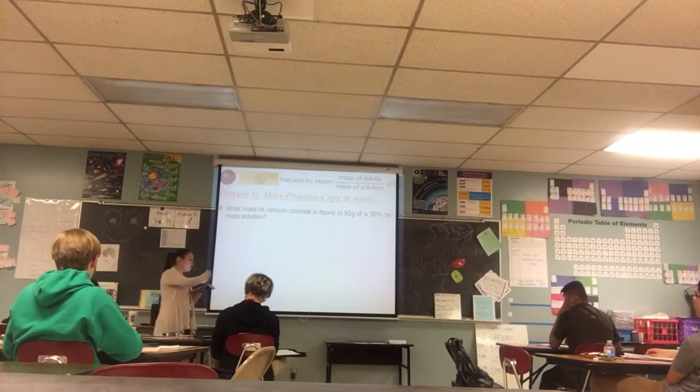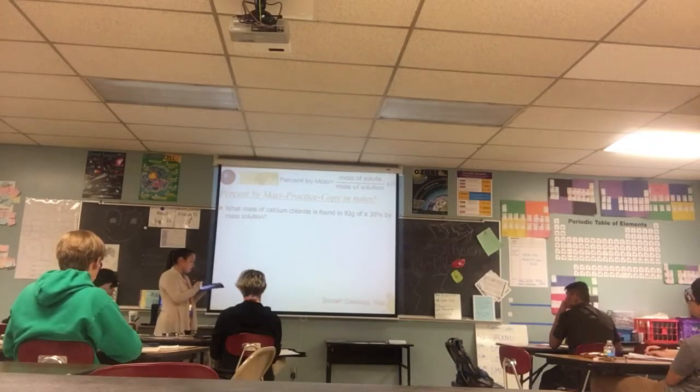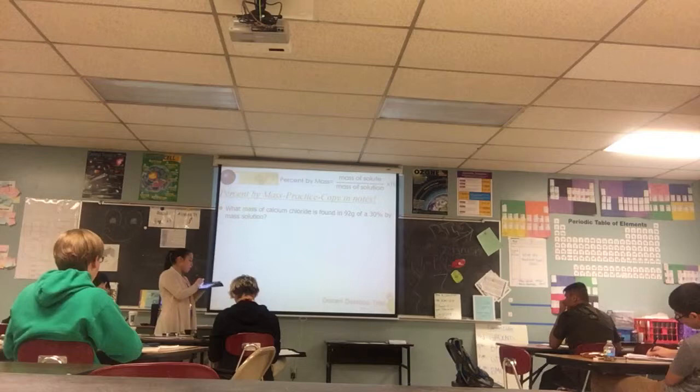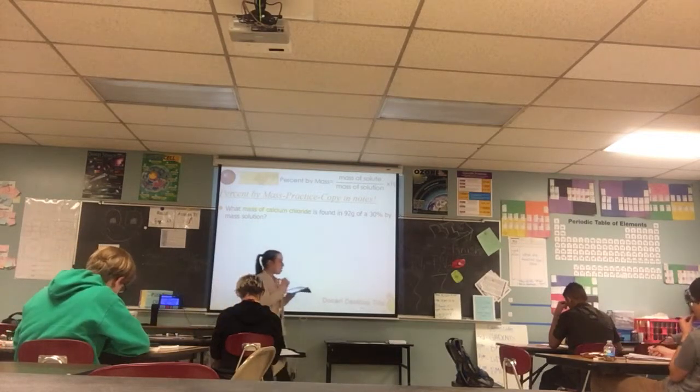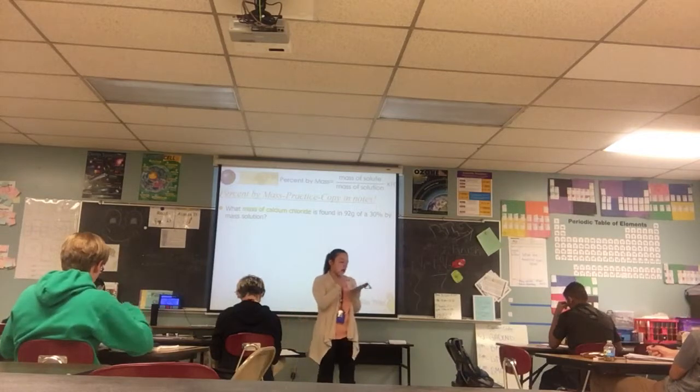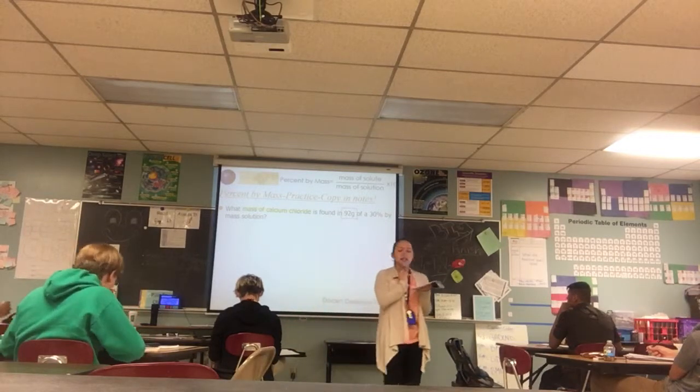Two things. Go ahead and box and circle along with me. So I know that I'm looking for the mass of calcium chloride. Make sure you highlight that, circle it, whatever you need to do, that is what I'm looking for. What I know is that I have a total of 92 grams.